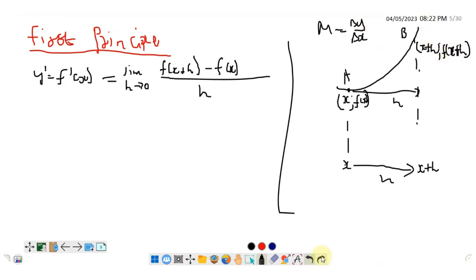The change in y: the y at B is f of x plus h, minus the y at A, which is f of x.